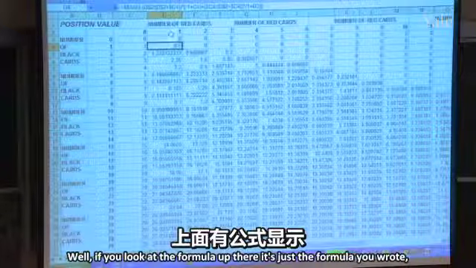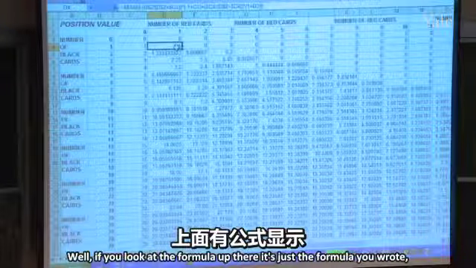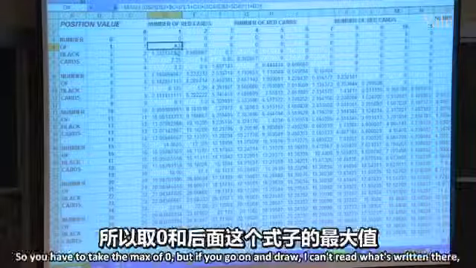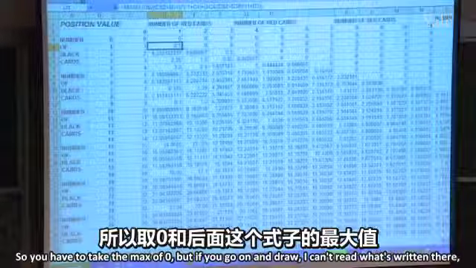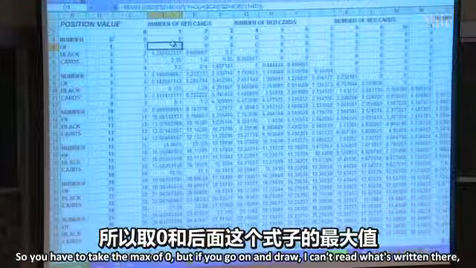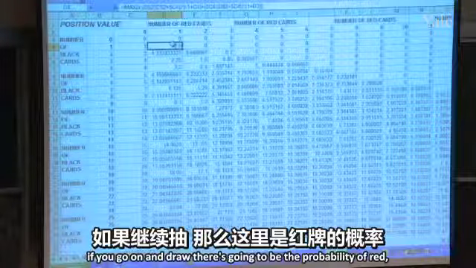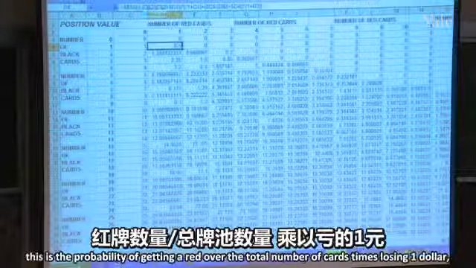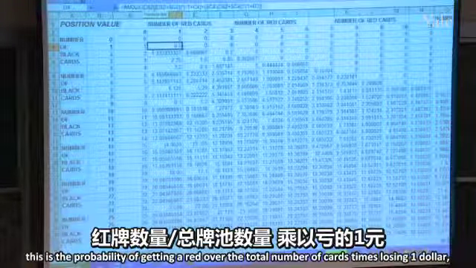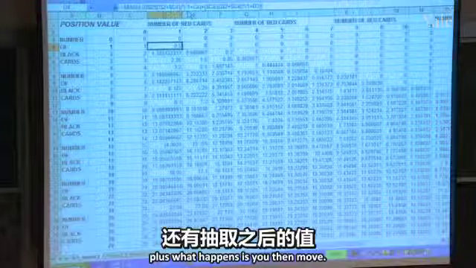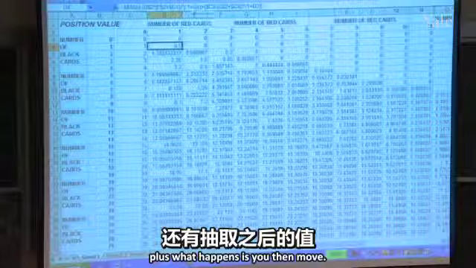Now, how do you figure out this one? Well, if you look at the formula up there, it's just the formula we wrote, which is: you could quit if you wanted to, so you have to take the max with 0. But if you go on and draw, there's the probability of red, the number of reds over the total number of cards, times losing $1, plus what happens when you then move.